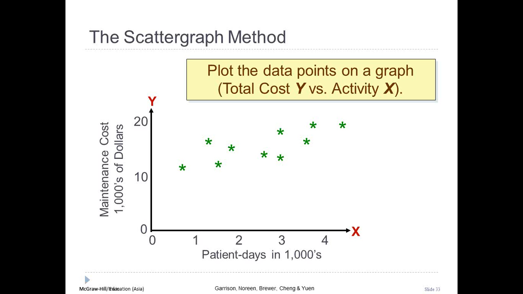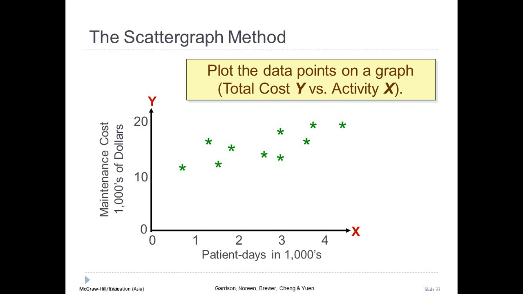The first step is to analyze the mixed cost and to plot the data on a scatter graph. So you have a y-axis and an x-axis. The cost is the dependent variable, and this is on the y-axis, the one going up and down on the left.